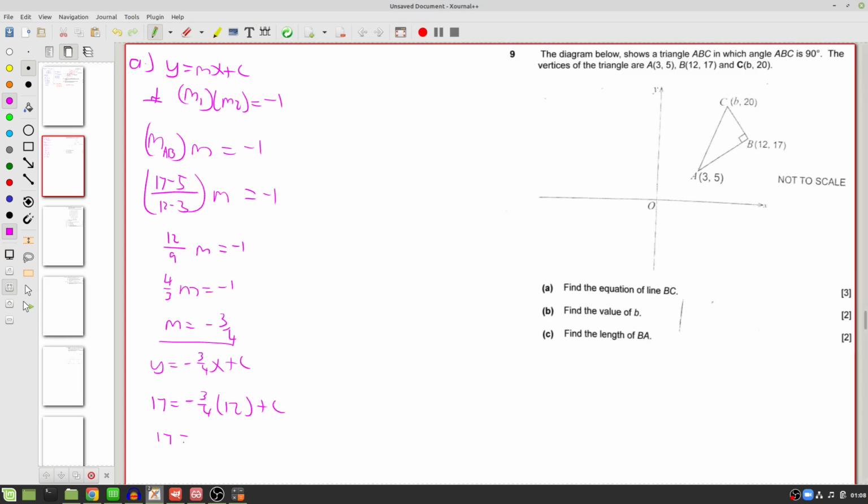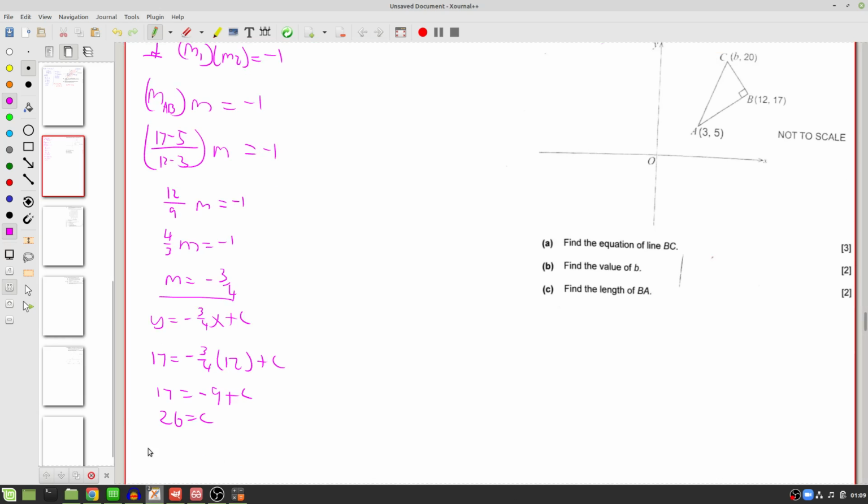Okay, so let's just work that out. 12 times -3/4: 12 times -3 is -36, divided by 4 is -9. We can take the 9 over to get 26 equals c. So finally, putting it all together, we've got y equals -3/4 x plus 26. And that is the equation of line BC.